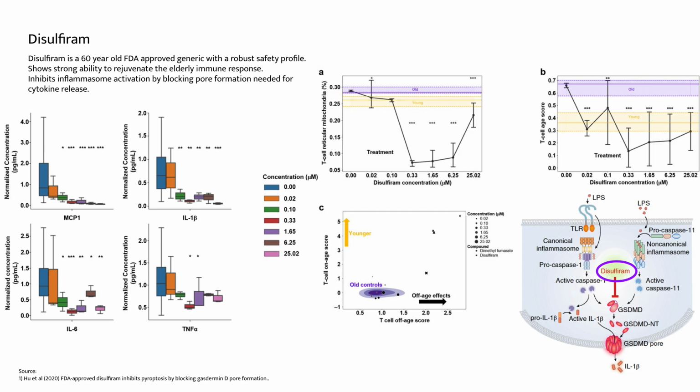First off, disulfiram decreased cytokines IL-1 beta and IL-6. It also had a strong rejuvenating effect on the shape of the mitochondria by decreasing the percentage of T cells with fragmented mitochondria.